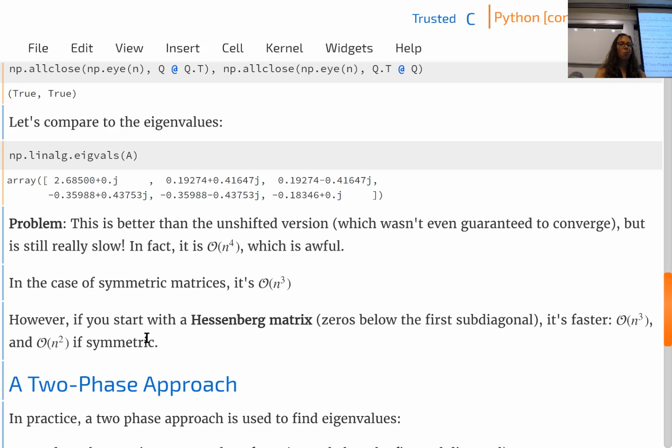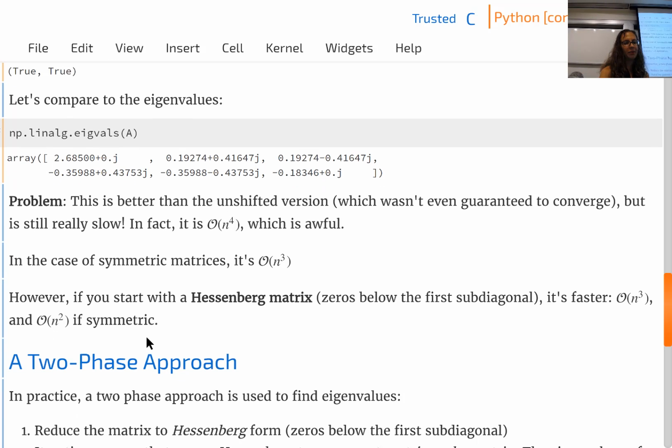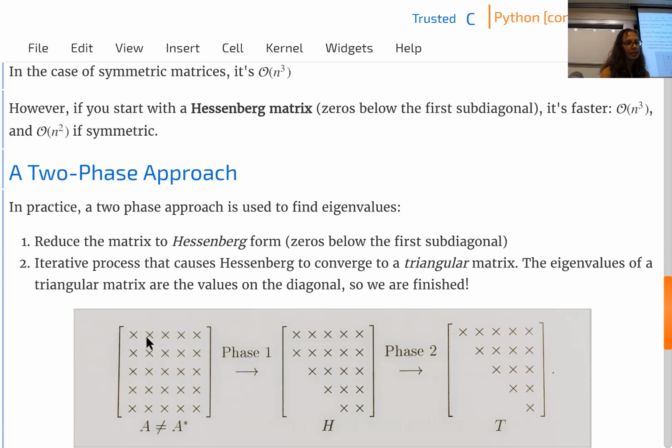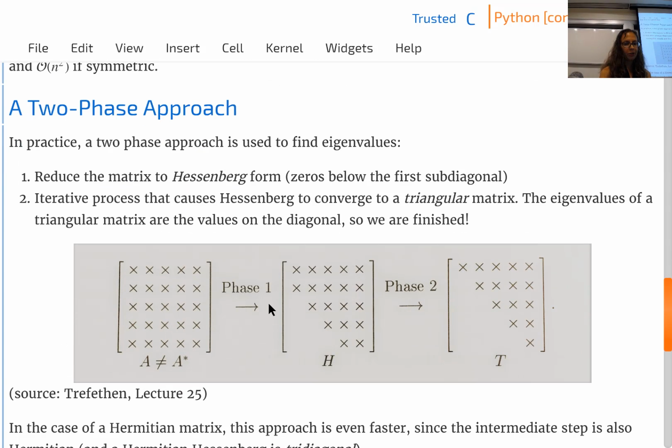And so what's done in practice is that if you start with something called a Hessenberg matrix, which has zeros below the first subdiagonal, it's a lot faster. So in practice, this picture is from Trefethen, your QR algorithm is going to end up being phase 2, but you'll have a phase 1 that introduces a bunch of zeros and gets you to something that's almost triangular.